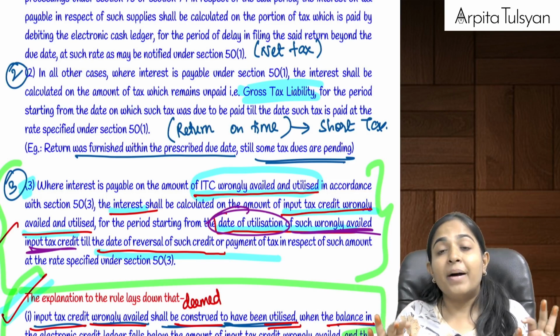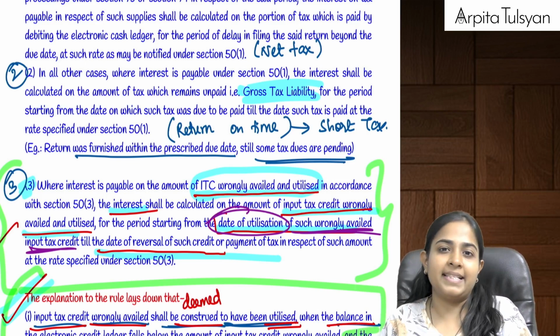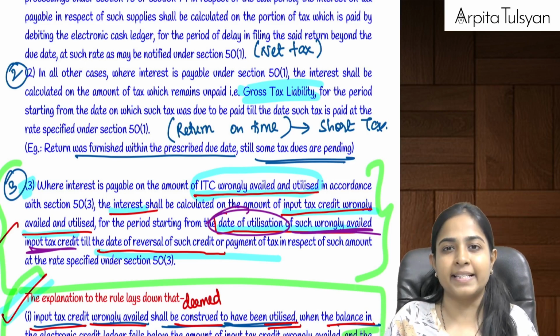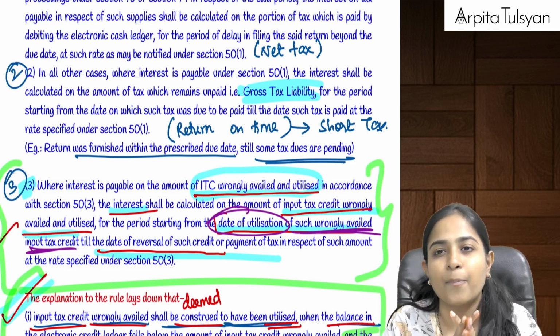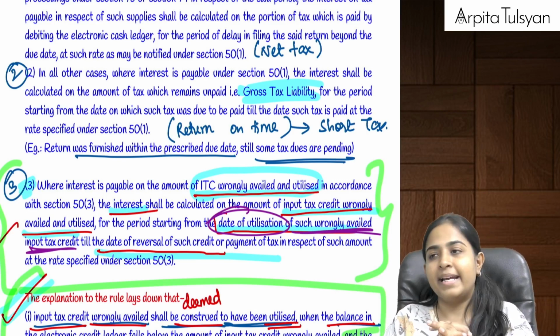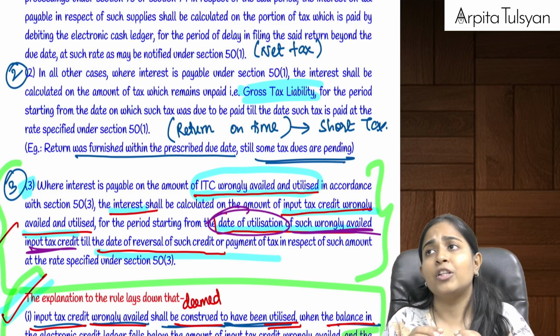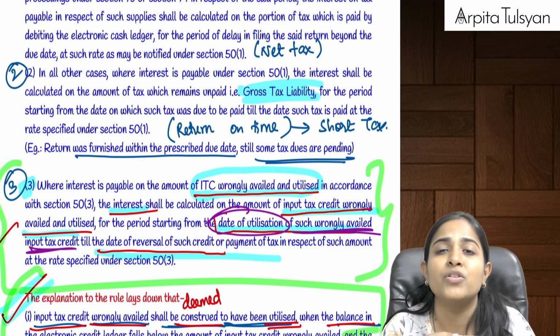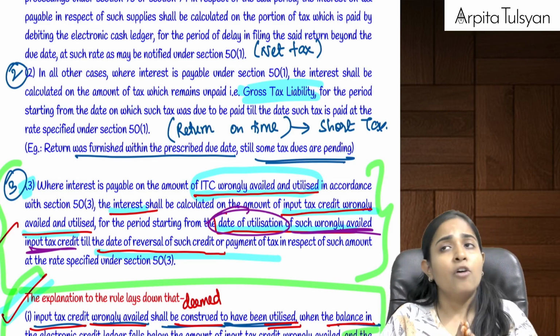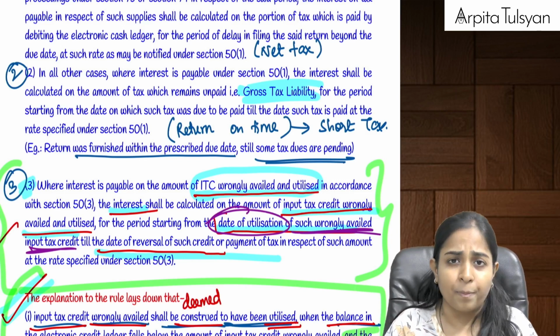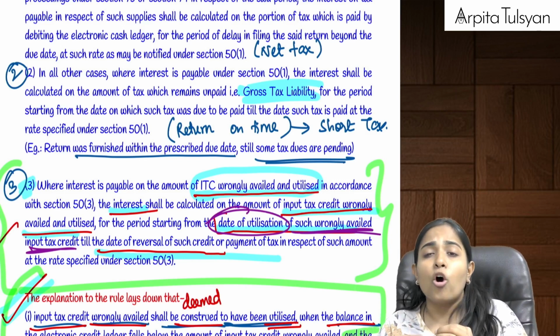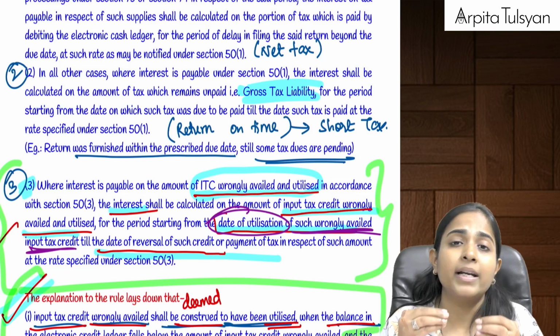But if you have availed some ITC and wrongly utilize it, then the government says this is the problem. Example, let's say for the month of January, your ITC which was correctly availed was, for example, 20 lakh rupees, and ITC wrongly availed is 10 lakh rupees.